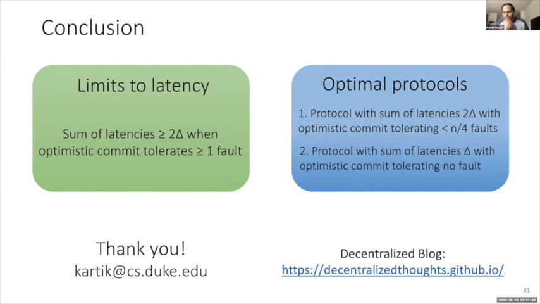So when you're talking about a non-authenticated case, then there are lower bounds that say you cannot even achieve more than 33% corruption. So in that sense, it is not interesting.